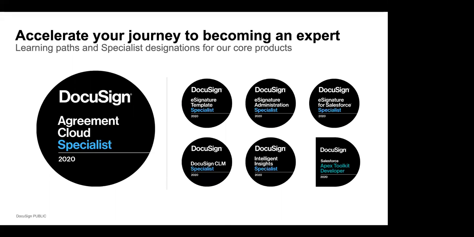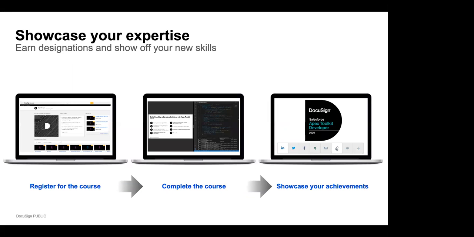Now, our Apex Toolkit badge is a little bit different, and Sasha, I'm going to ask you to share a little bit more about this badge, because I know I just got this badge, and again, I'm super proud of it, but I didn't know if you wanted to talk a little bit more about how that one's different. Definitely. The Apex Toolkit badge is what we call a special edition badge, and you earn this badge simply by attending and completing the Apex Toolkit day-long training.